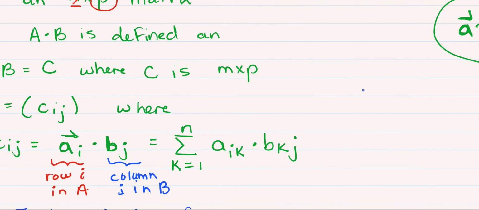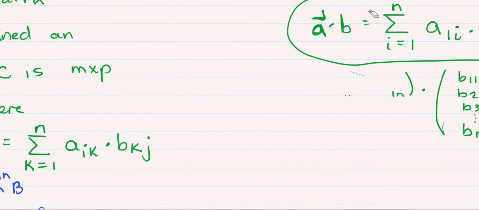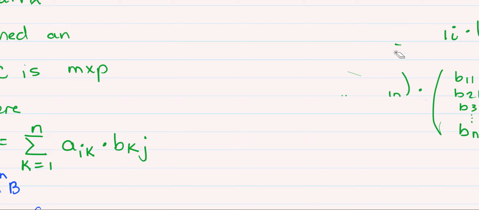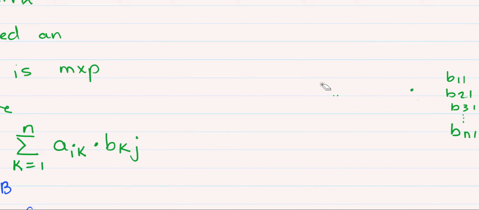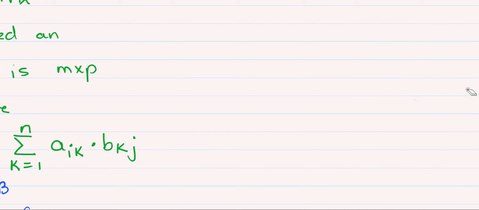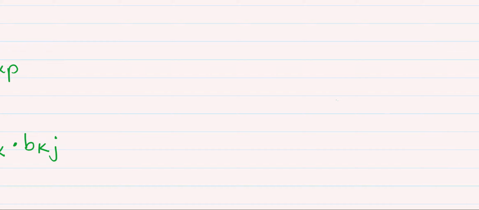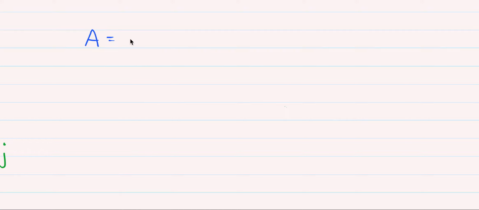So let's see this real quick. Make sure you copy that down. So we can think of the matrix A, which we said was an m by n matrix.